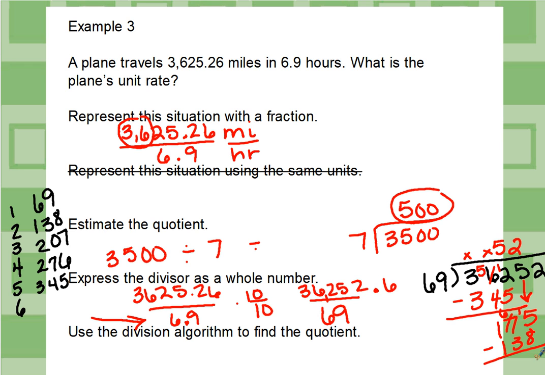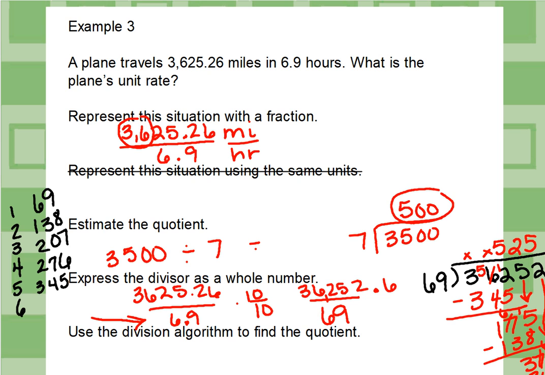And subtract, and we get 37. Bring down a 2. And again, we have 372, very close to where we started. So it's going to go in there 5 times again, which is 345. When we subtract, we get 27.